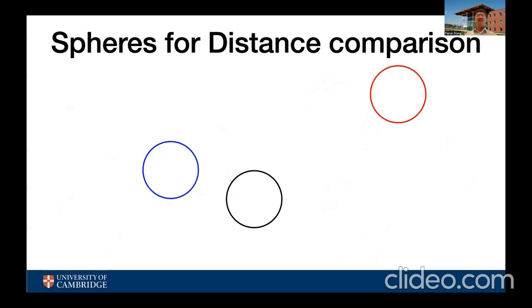Then, can we use spheres to describe distance comparison? How can we say the black sphere is nearer to the blue sphere than the red sphere, without measurement?